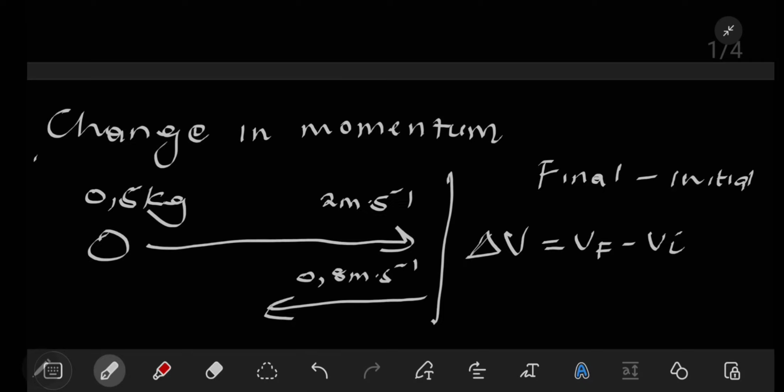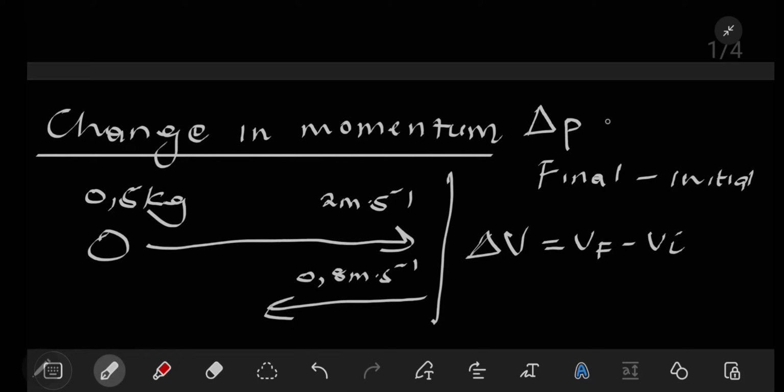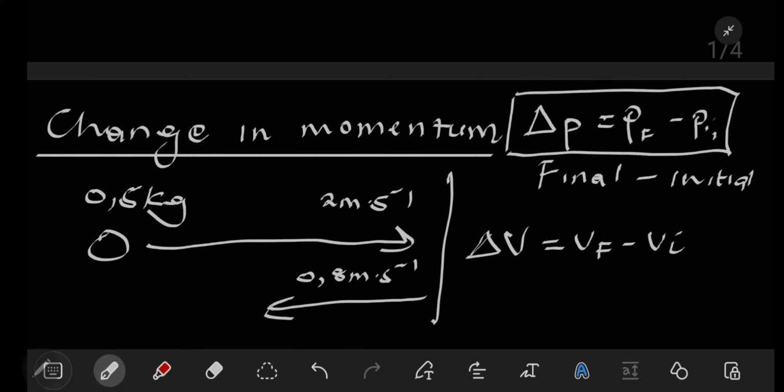Now we have what we call change in momentum. We say delta, which stands for change, and momentum, which we know is represented by small letter p. So we have p final minus p initial. This is the formula for change in momentum.